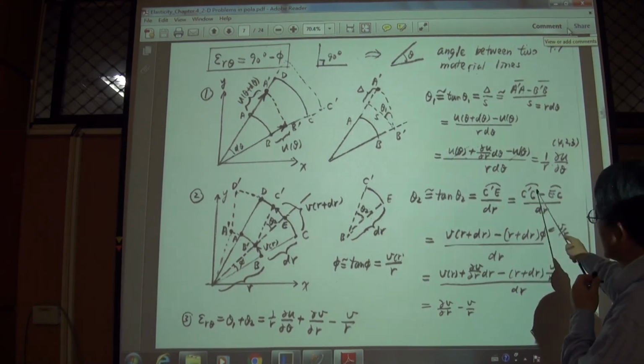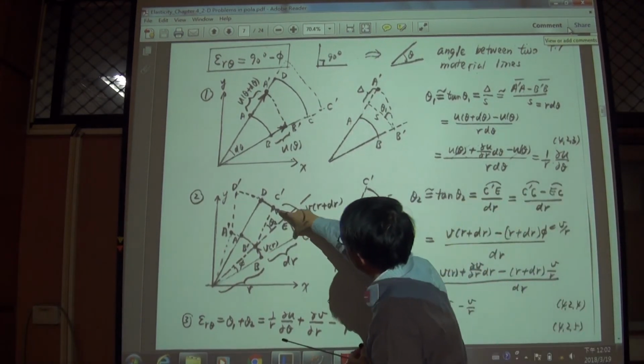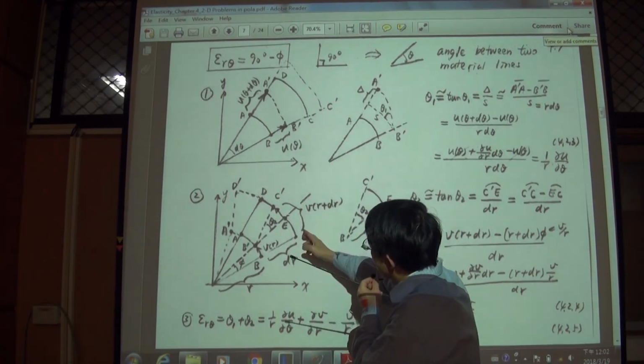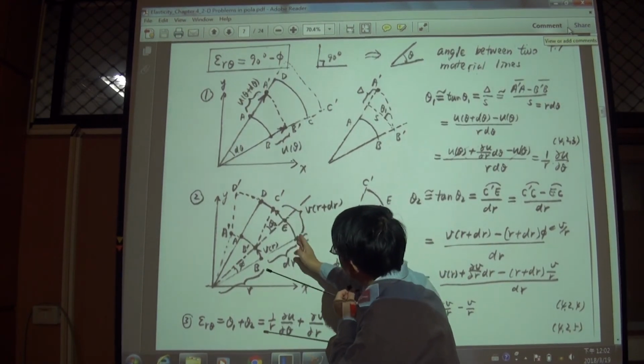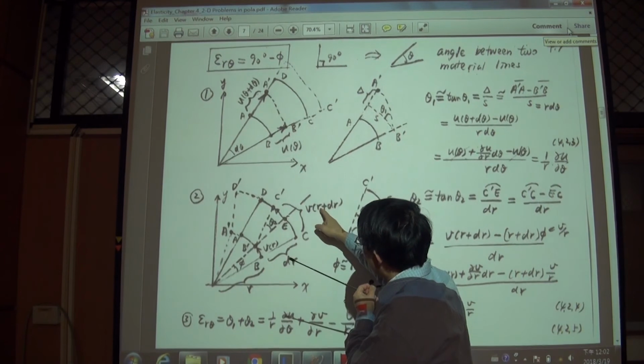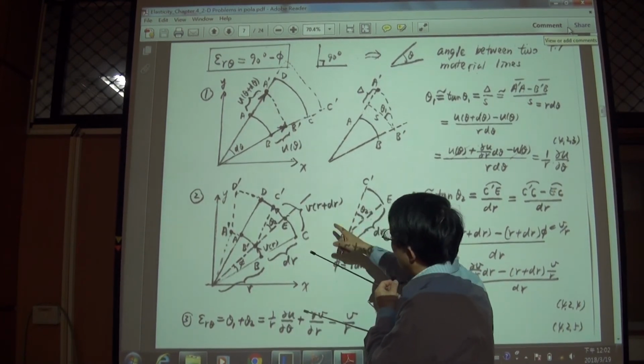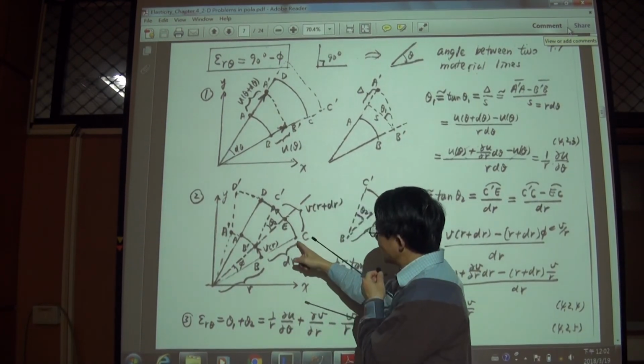What is C'C? This big length is easy. It is the displacement in the theta direction, V, evaluated at r plus dr. Why r plus dr?